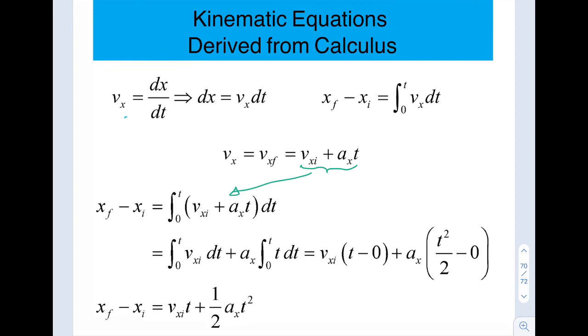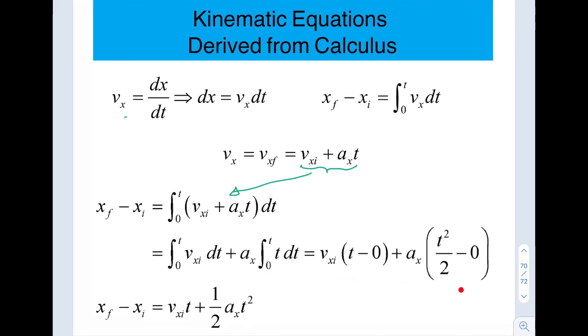So with the limits of 0 up to t, you have vx initial times t minus 0 plus ax. Here only you have t, right? So when you integrate, let's recall, you are going to have t squared over 2, minus 0, because the second part is the initial condition, where the time is 0.